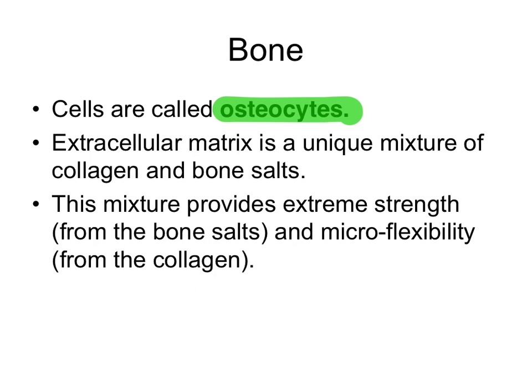So there's very little, like minuscule amounts of fluid in the extracellular matrix in your bone. It has tons of bone salts, and that's what makes it hard. So that's what gives it its strength. So you're going to write down salts in that space right there. Okay? So that's bone. Okay, and then we have one more kind of connective tissue.